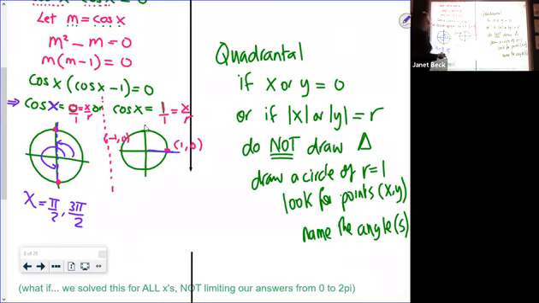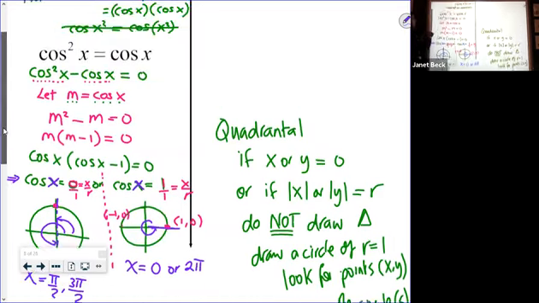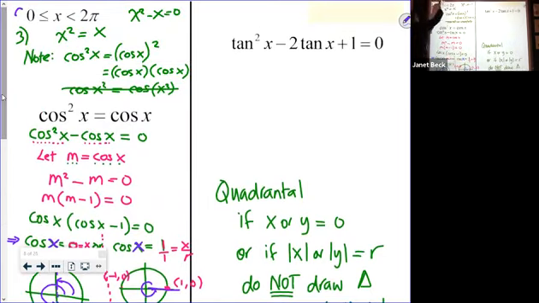We just want this one. Name the angle. That angle x, we could either call it 0, or we could go the whole way around and call it 2 pi. But remember what we were told at the top of the question. We're only solving for values of x from 0.